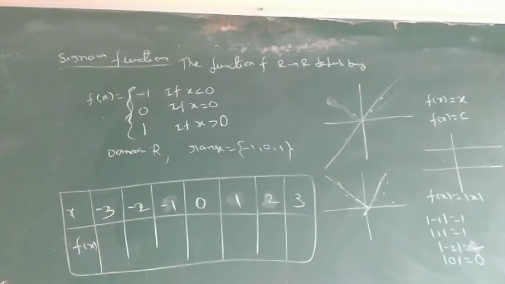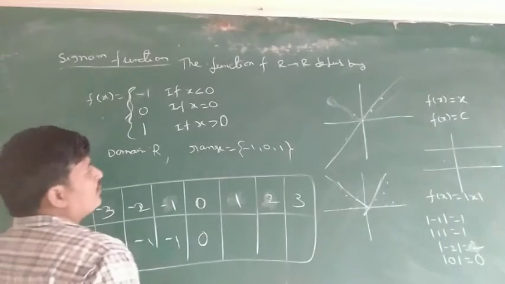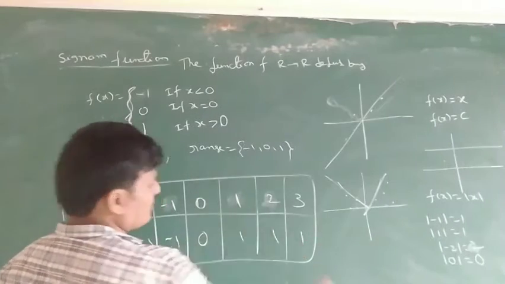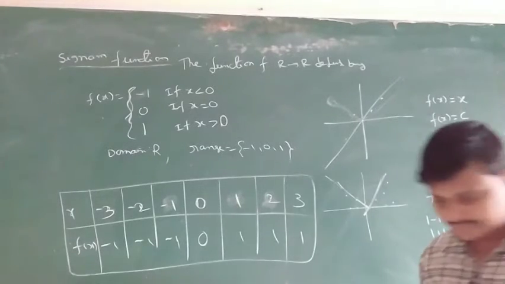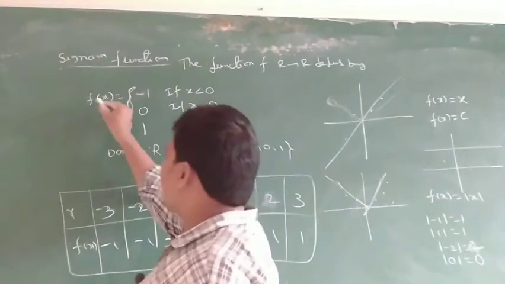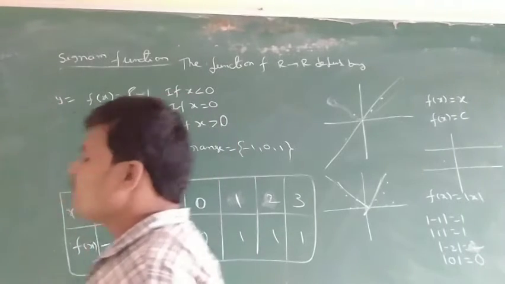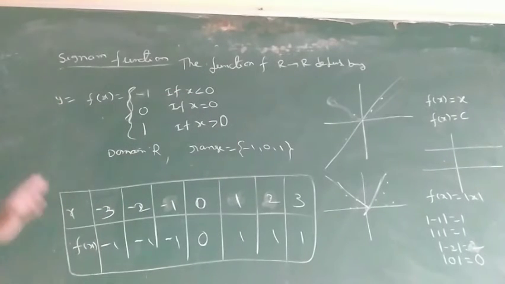You can take any negative value, the result is minus 1. 0 gives 0. Any positive value gives 1. This is the table. So how to draw the graph? f of x is nothing but y. So y is equal to 0, minus 1, plus 1. So this graph.